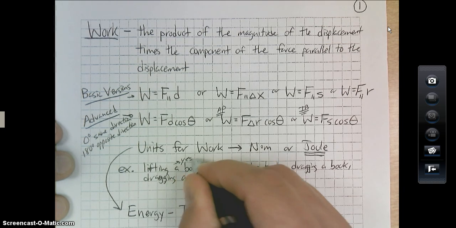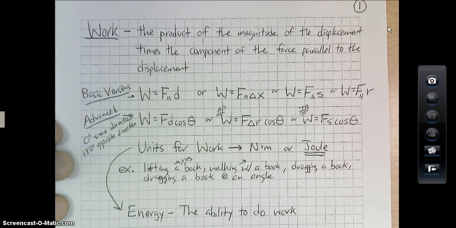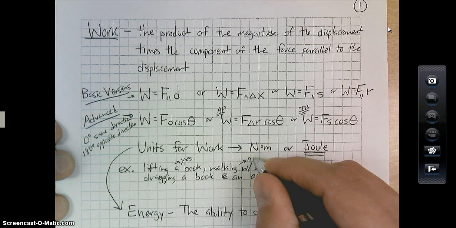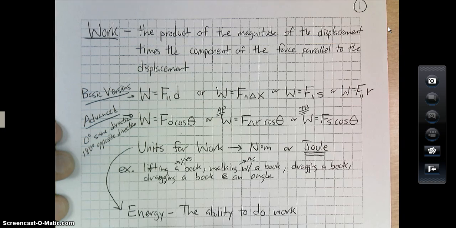If I was just walking holding a book, am I doing work? Well, if I was walking, then the book would be moving horizontally, whereas the weight of the book is acting vertically. Therefore, if they're not parallel to each other, then this technically isn't doing work. Now, we could dissect that a little bit more, but for this particular thing, let's just say no.